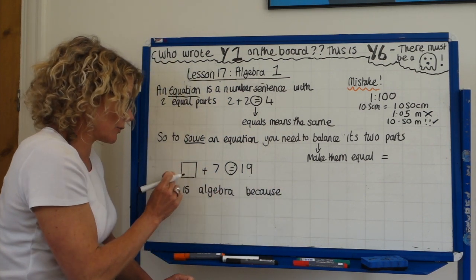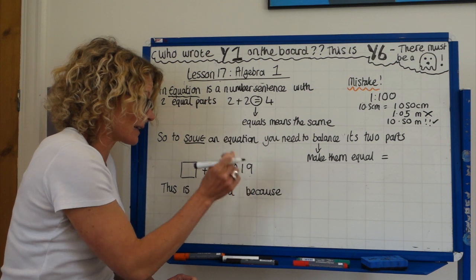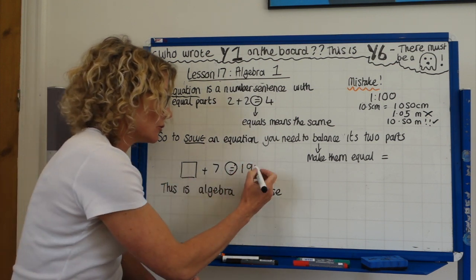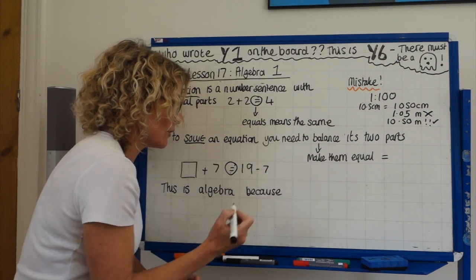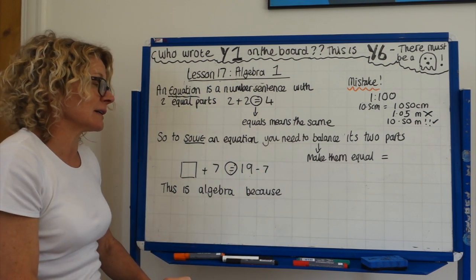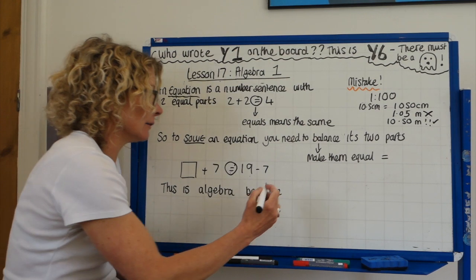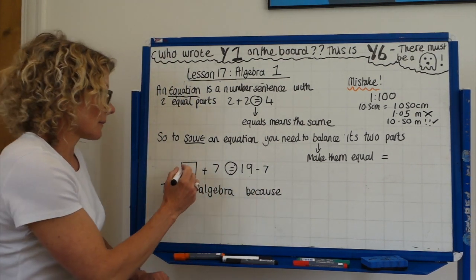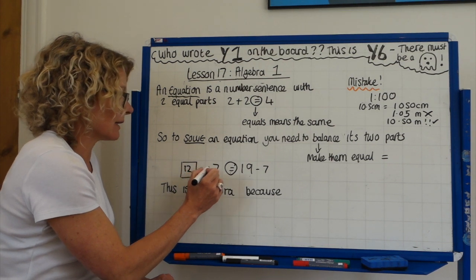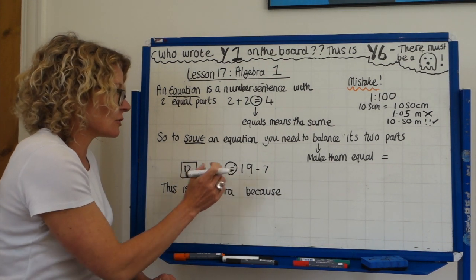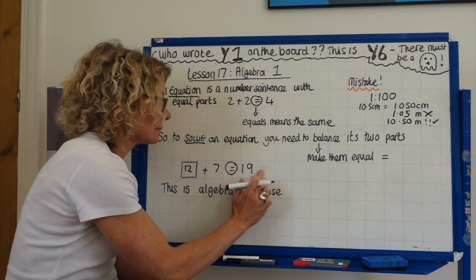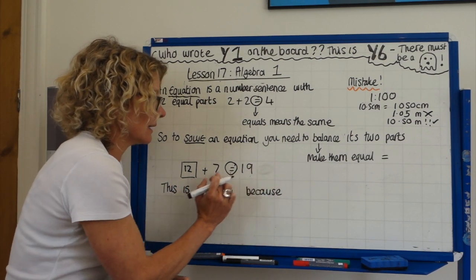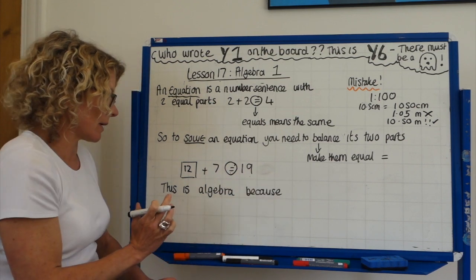So you've started off with a number, you've added 7 to it to get 19. So to get back to what should be in this box, you take that 7 away from 19, okay? So what goes into the box? 12, add 7 equals 19. So now that is equal. We have balanced out that equation.